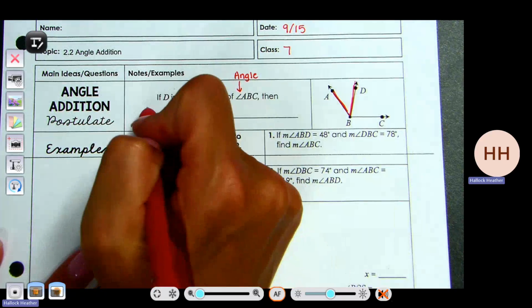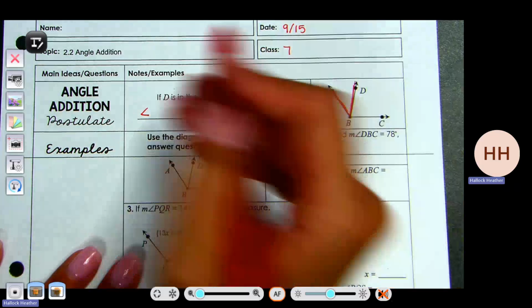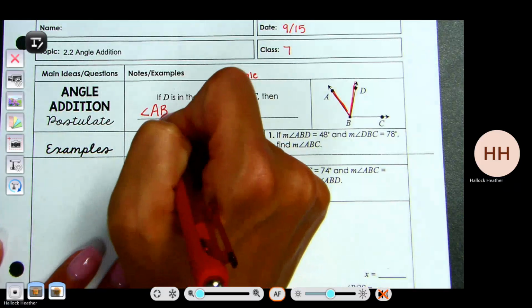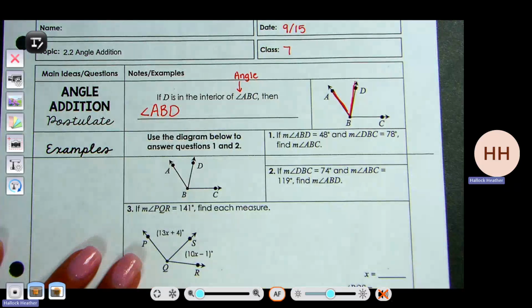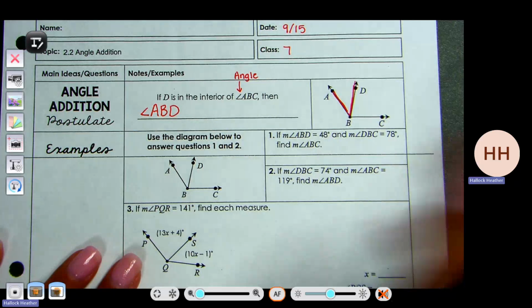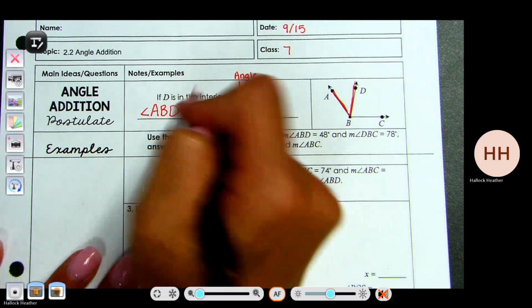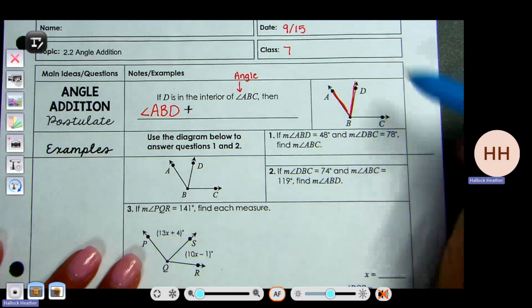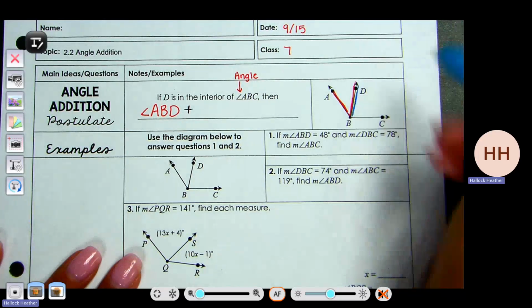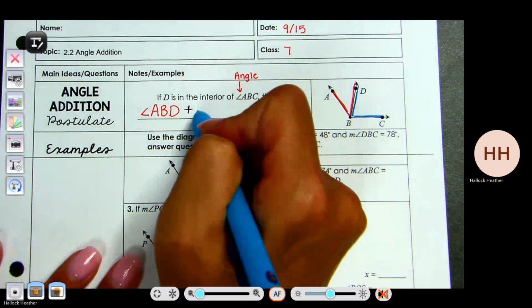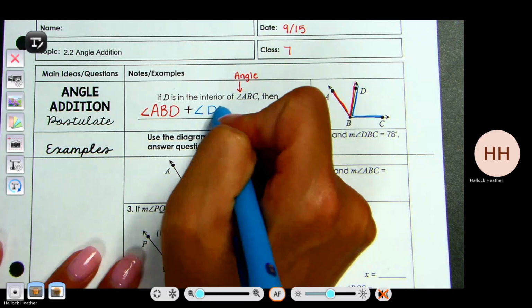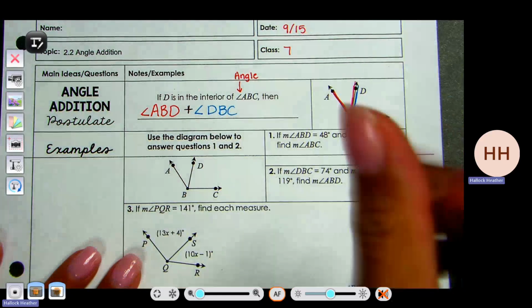So we're going to say angle ABD, which is like the left side of the picture. If I were to add that to the other side, which is DBC, what 3 letters would that make?